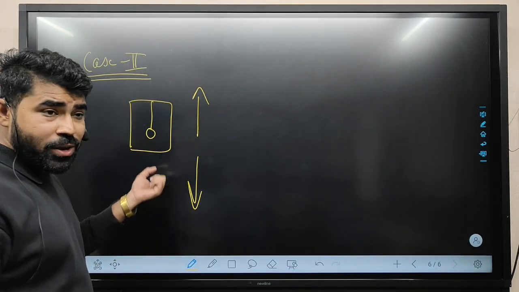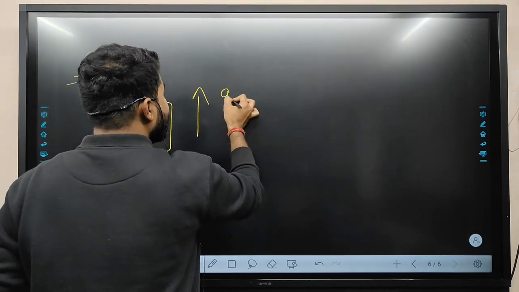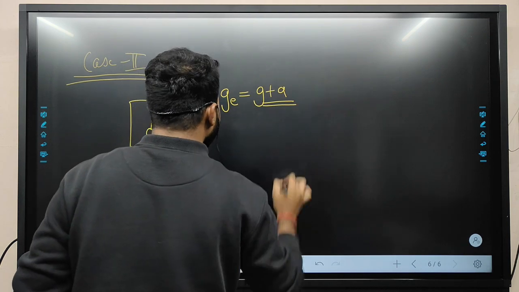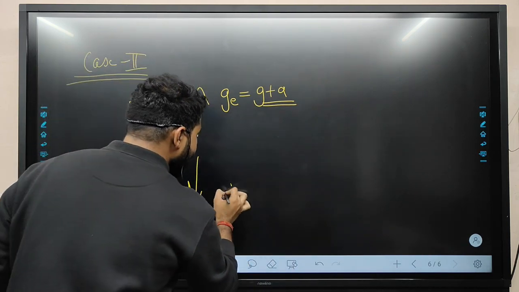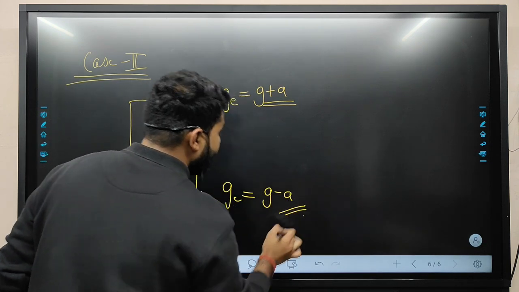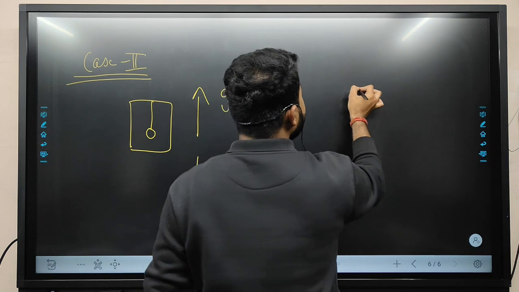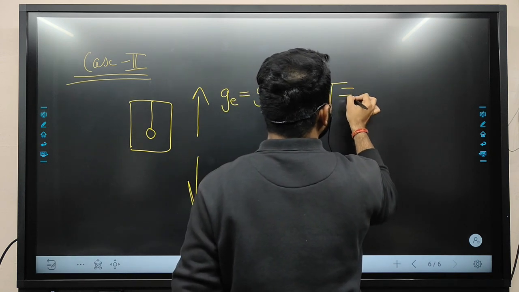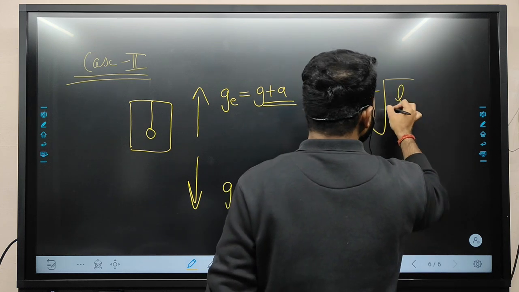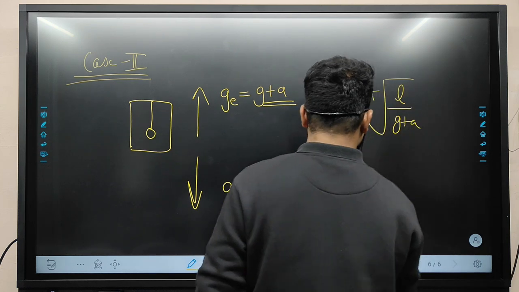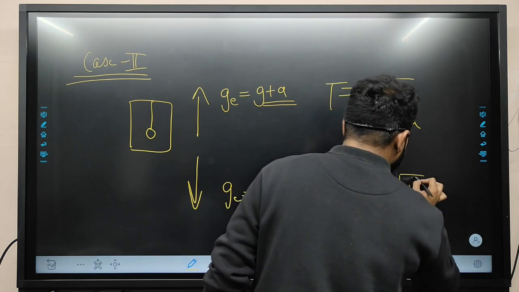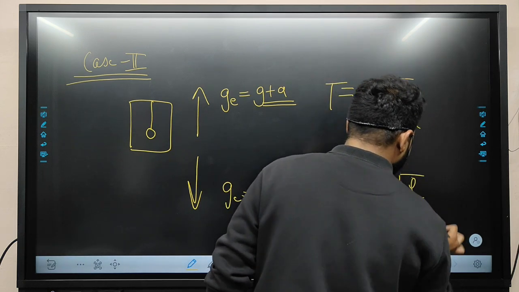When the lift is going up, our G effective will be G plus A. When the lift is going downward, our G effective will be G minus A. Now in the first case, time period T is equal to 2 pi under root L upon G plus A. In the second case, T is equal to 2 pi under root L upon G minus A.